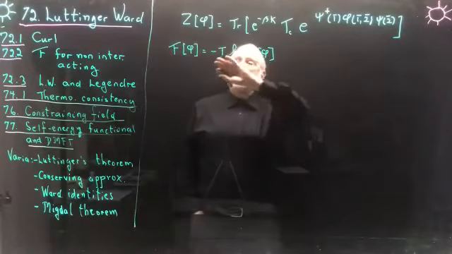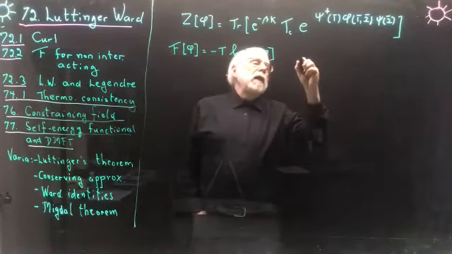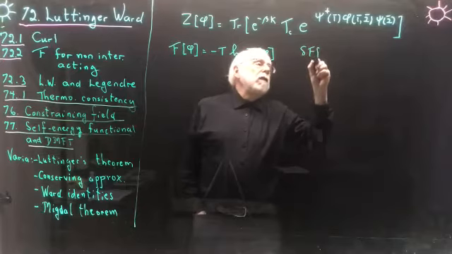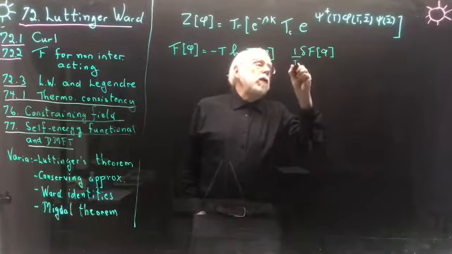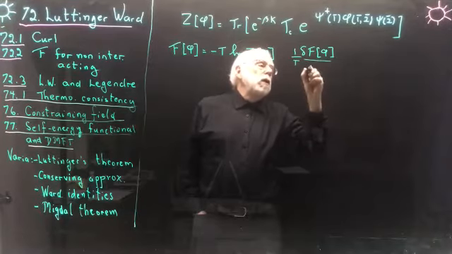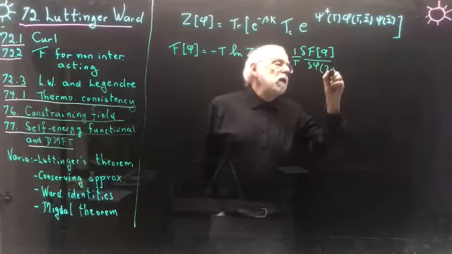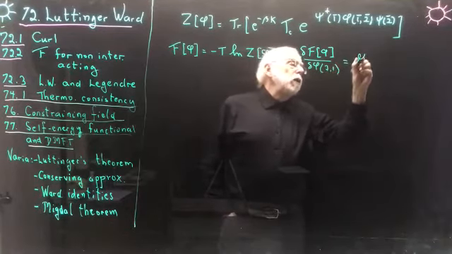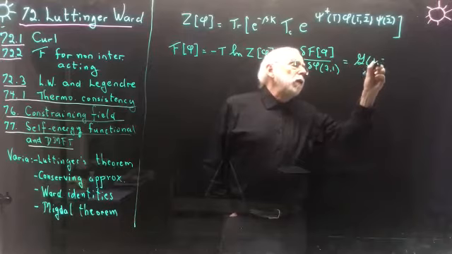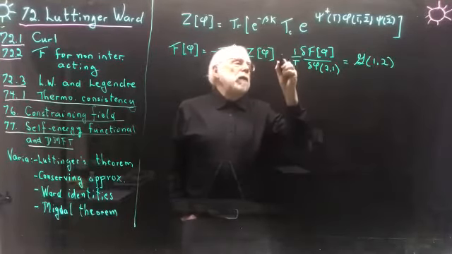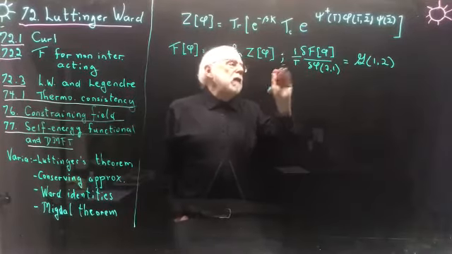And as a functional of phi, I can do the functional derivative of F of phi, and I put here 1 over the temperature. So delta F over delta phi 2, 1 is equal to G 1, 2. So these are all things that we have seen already.